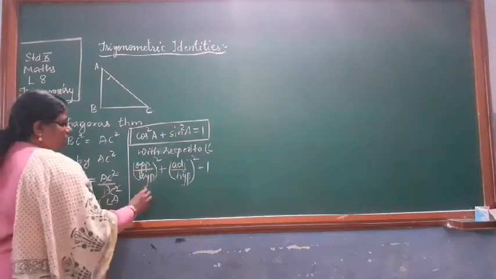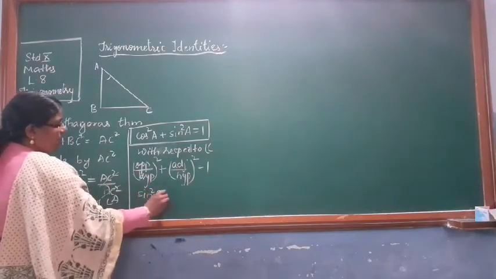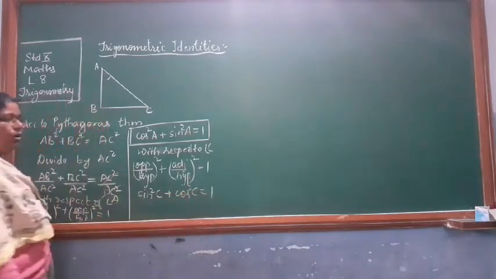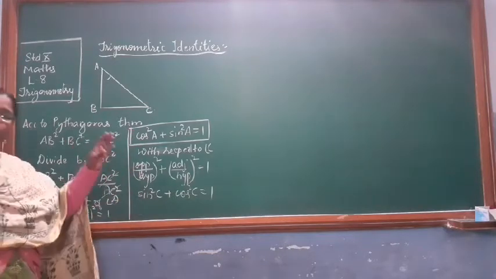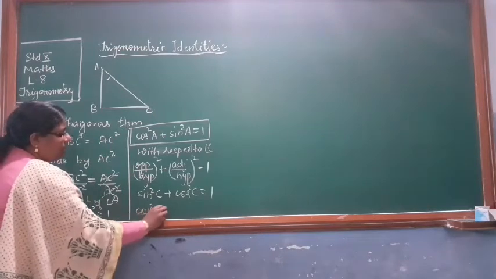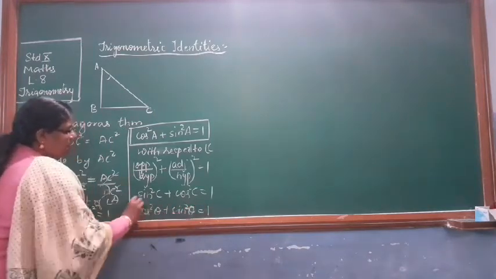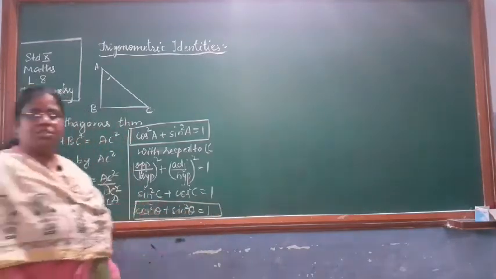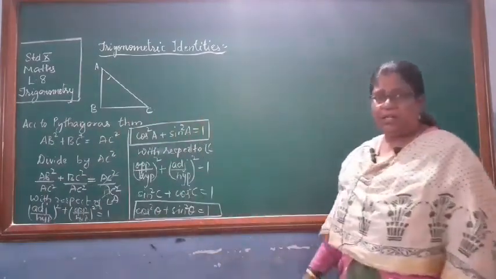Now, with respect to C also, what is opposite upon hypotenuse? It is sin square C plus cos square C will be equal to 1. So, ये जो identity है, in general we can write it as cos square theta plus sin square theta will always be equal to 1. So, in general we can write this relation, and this is called a trigonometric identity.